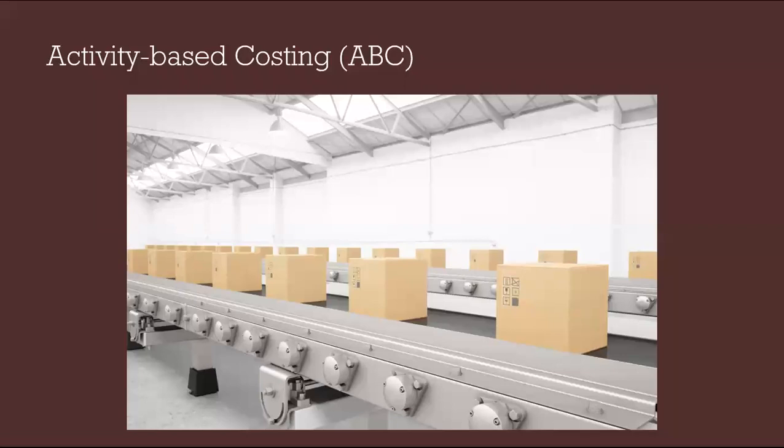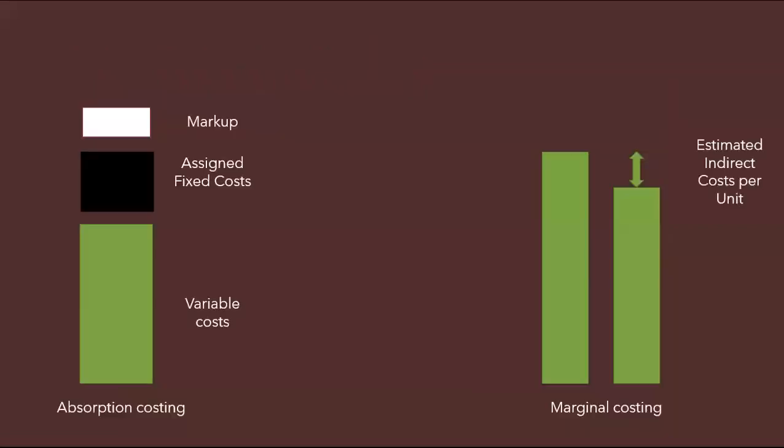In the exam, they may ask you about the advantage of ABC over absorption costing or the traditional way of costing, or they may ask you the definition of absorption or marginal costing. Don't worry about calculation questions. They don't ask calculation questions here.